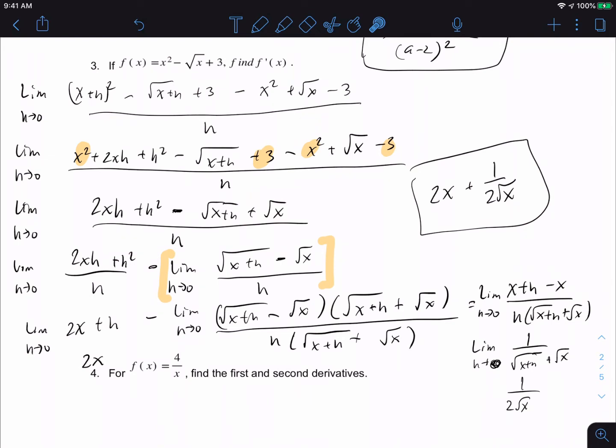Yeah. Okay. I have a question too. I'm a little confused with the first half of the equation, the 2x. You know how we got 1 over 2 square root of x? What about the 2x? Say that again? You know where it's the limit as h goes to 0 of x plus h? The h goes down and we're left with that 2x, the first half of the equation. Are you talking about this piece? No, the one below it.